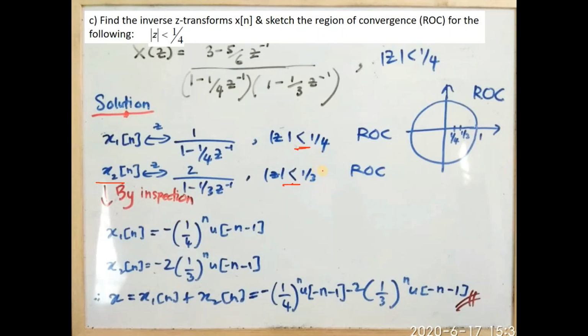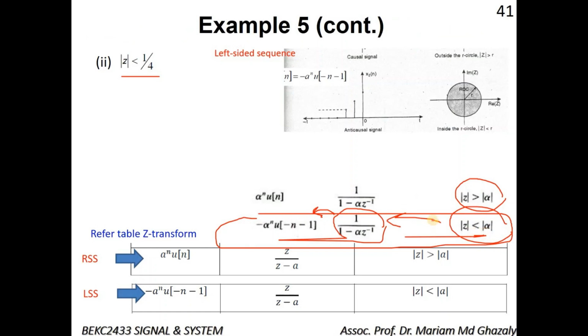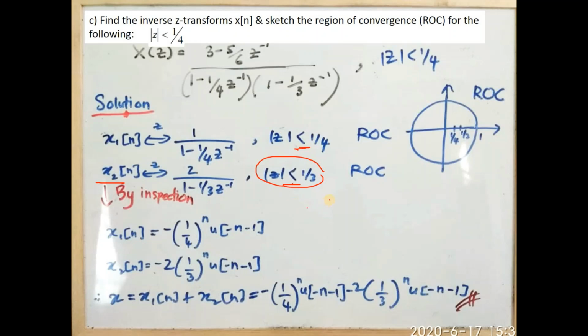Okay, by inspection, if you see this one, you will get this equation as the x[n] value. So you will have minus alpha to the n u[-n-1]. This is the equation, okay, for the case of |z| less than alpha.